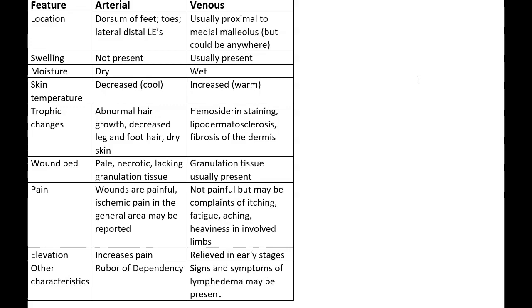Let's talk about some things that can lead to either arterial or venous insufficiency and set you up for this wound. Now, Allison mentioned diabetes mellitus. Yes, absolutely.